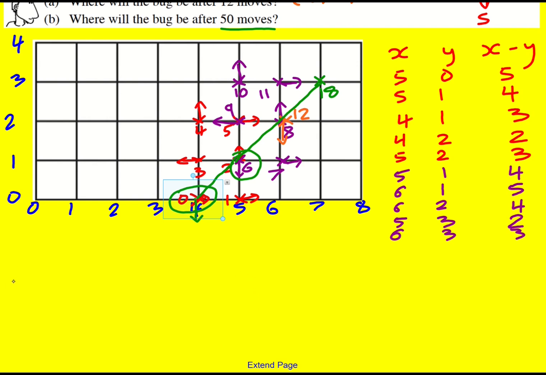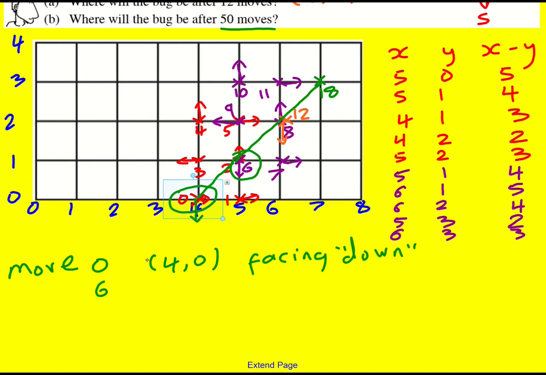So move 0 is at 4, 0, facing down. That one I'm inventing because it's actually facing east. Sorry, this should be south, but I can say down as well to mean the same thing. But then I have to move 6, same thing, move 12.